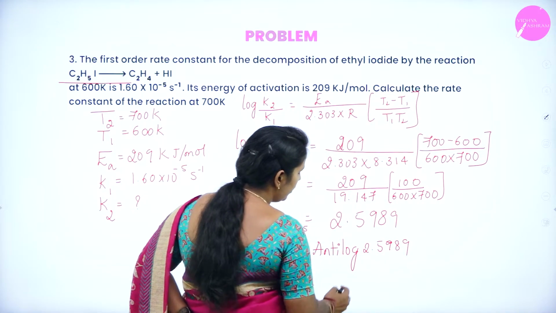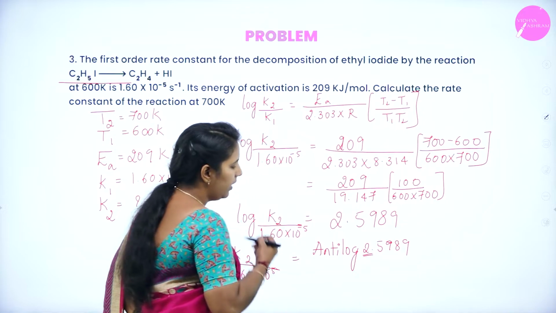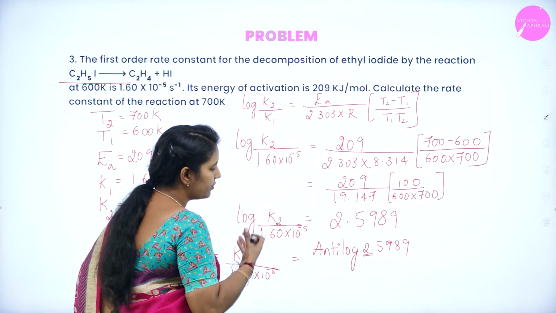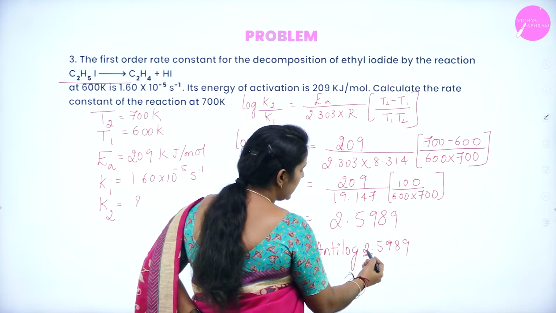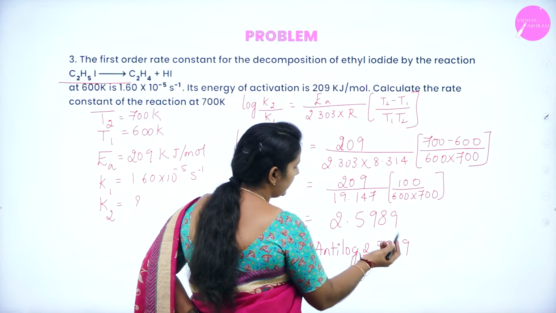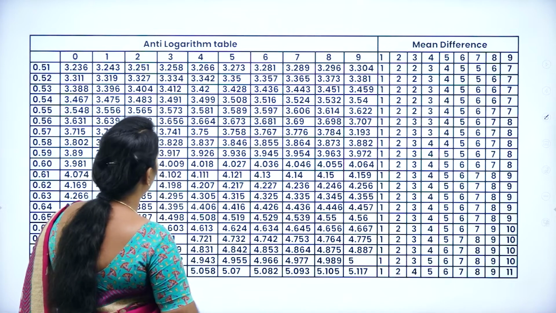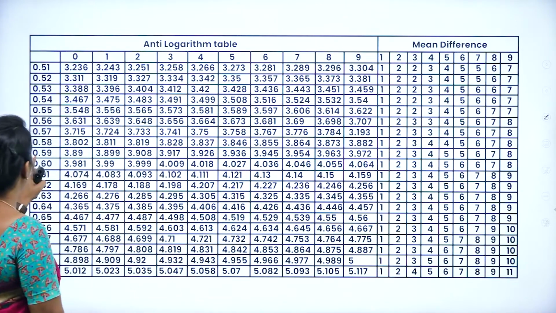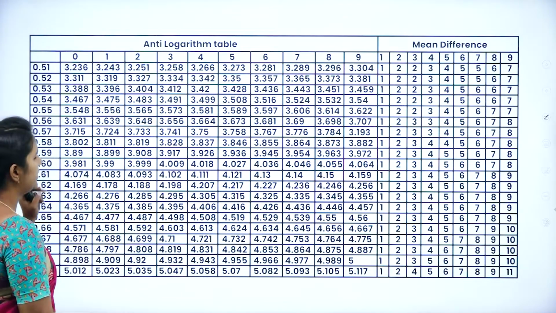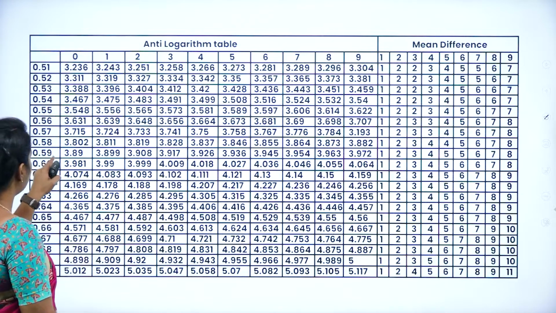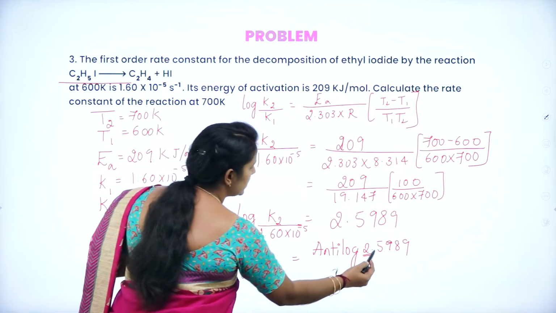We know that 2 is the characteristic. We need to find out the anti-log for 0.5989. Is it right? How to find out this? I have a log book. So here I have 0.59.